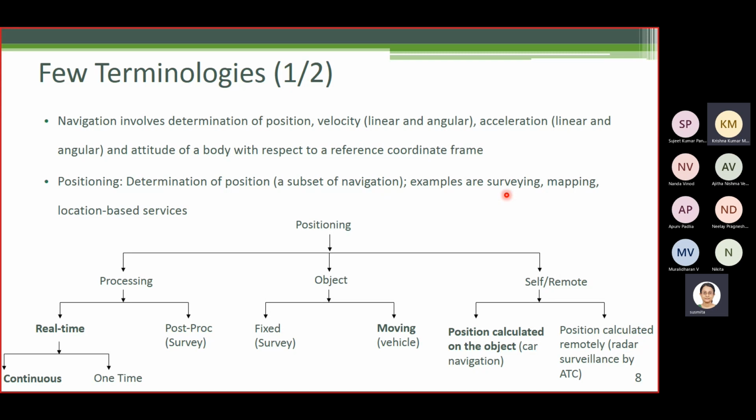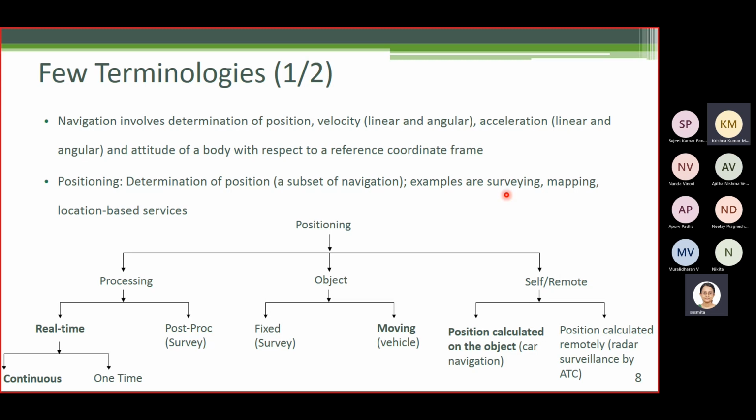Mapping. Then location-based services. What are location-based services? Location-based services are those where you get the service depending on your location. For example, suppose you have gone to a new city and you are out of cash. You need to locate a nearby ATM. So you find out in your cell phone the places where ATMs are located around you.